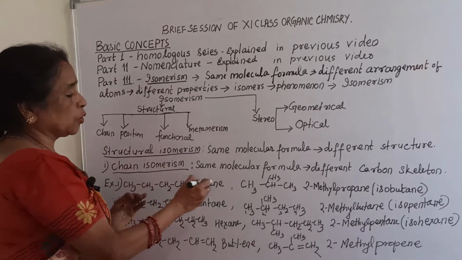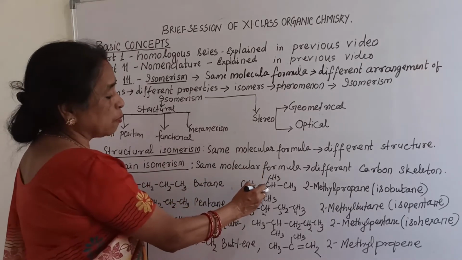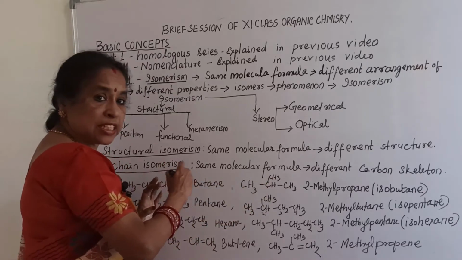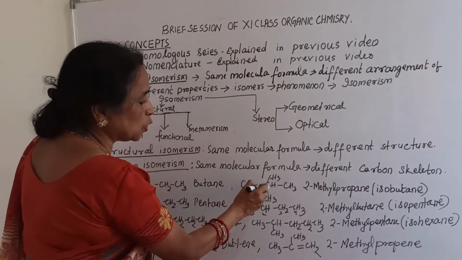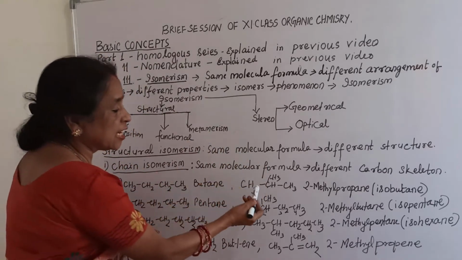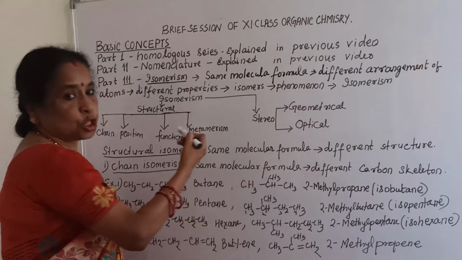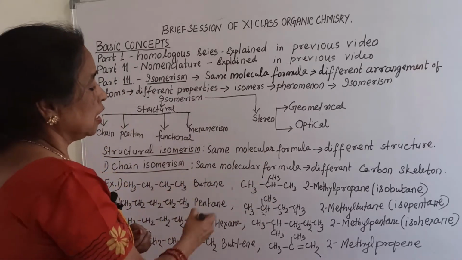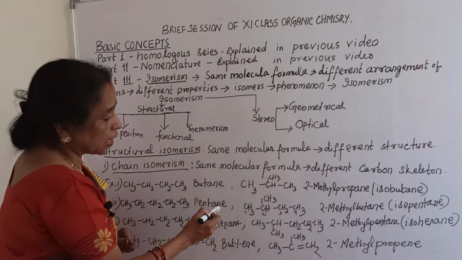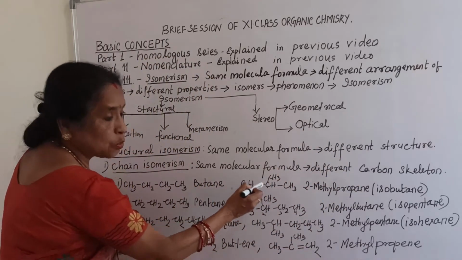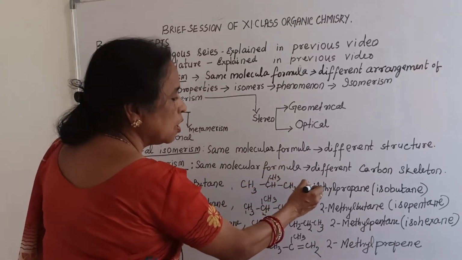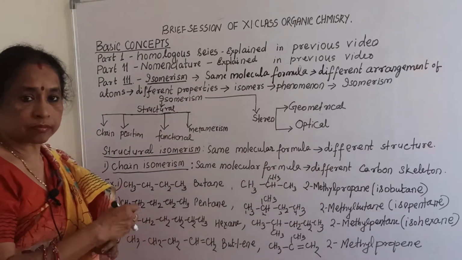Now if you put one CH3 group at position 2, the molecular formula remains the same, but here it is a straight chain and here there is a branch at carbon 2. What is the name? 2-methyl propane, because 1, 2, 3, and at position 2 a methyl group is present.